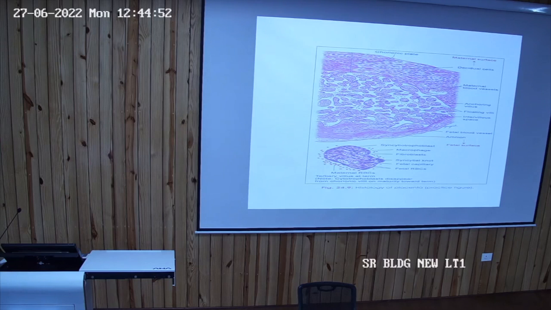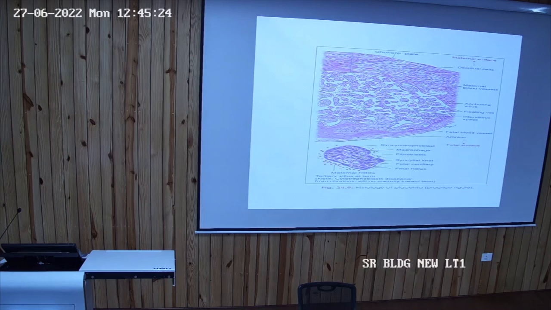The trophoblast which surrounds the chorionic villus again divides into two layers. The inner one is the cytotrophoblast, the outer is the syncytiotrophoblast. One layer persists and another layer disappears.